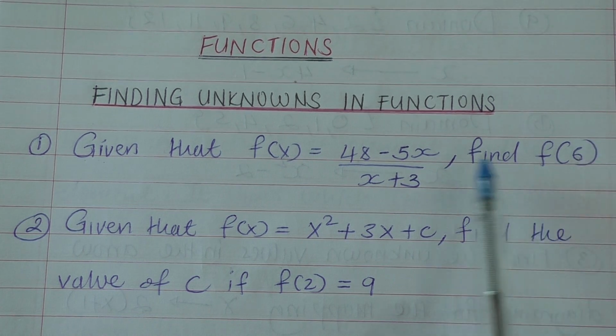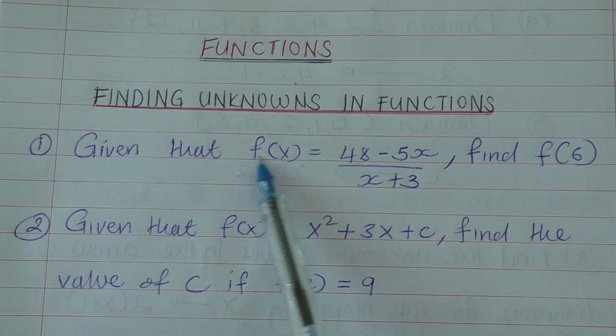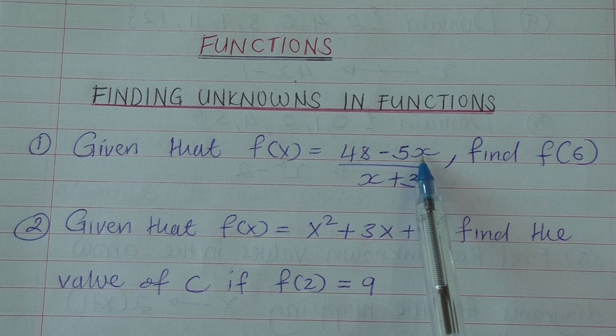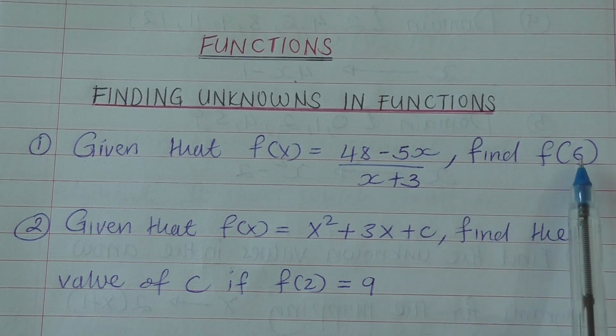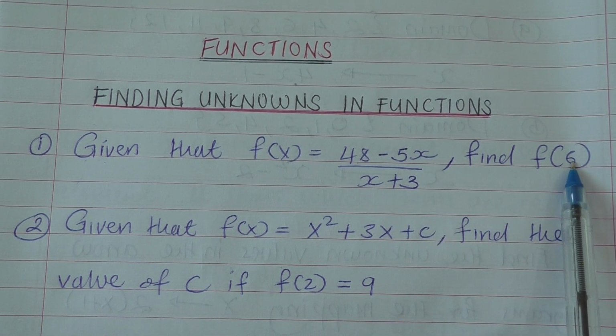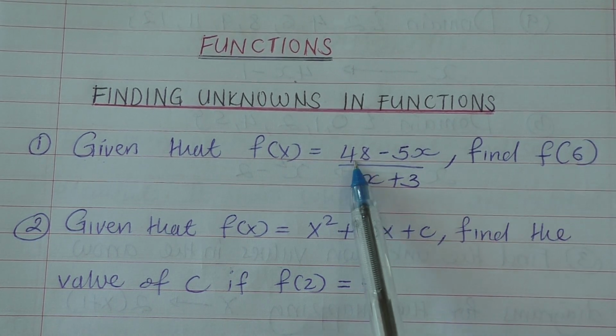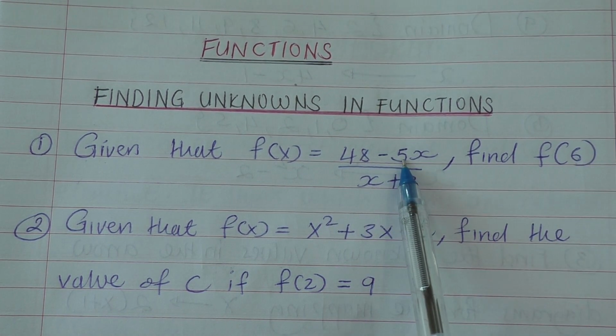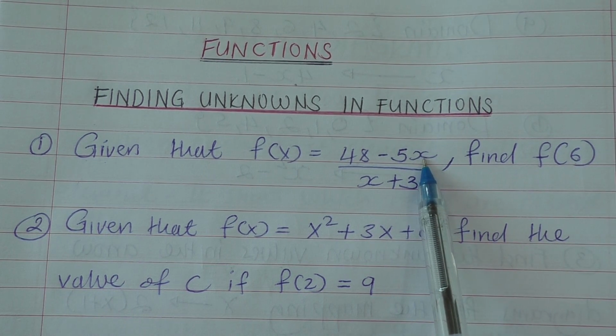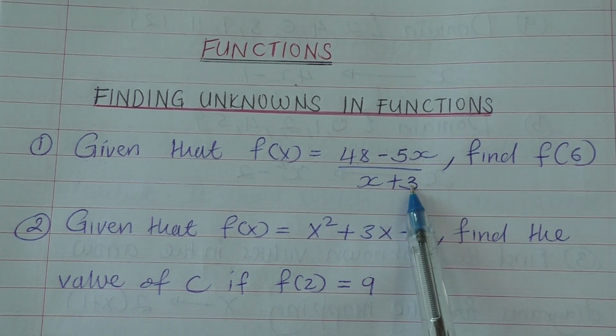Similarly, in the expression for f(x), wherever there is x, we shall replace it with 6. Therefore, f(6) will be (48 minus 5 times 6) over (6 plus 3). Please simplify and get the final answer.